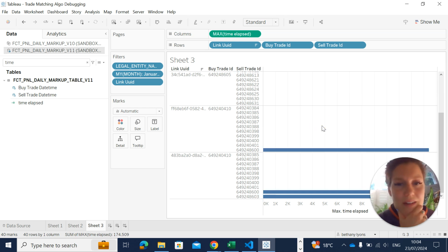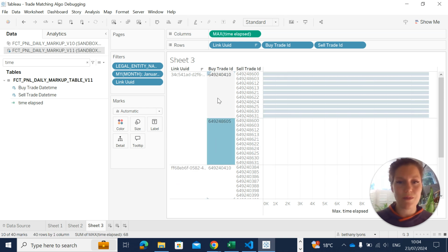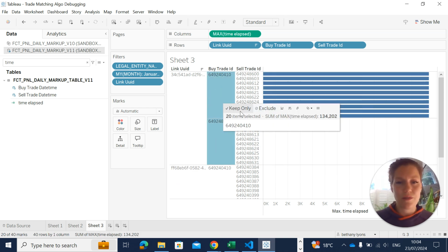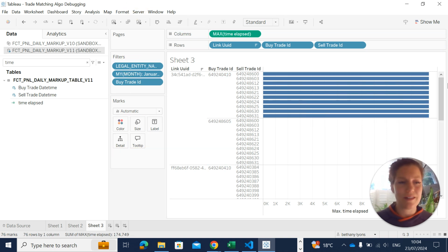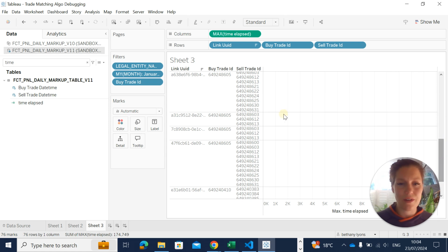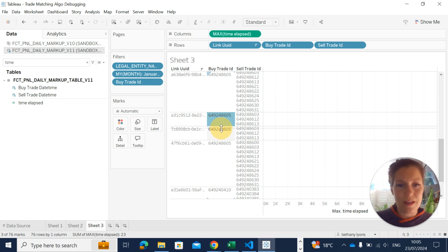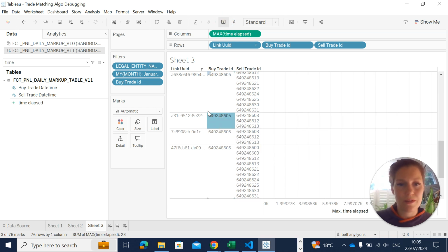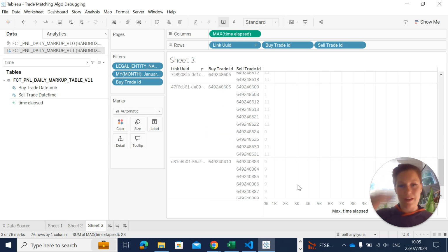So what I did then after this was continue to look into this data. Instead of just looking at these 3 links, I want to see everything related to these trades. And so then I could start to investigate like, okay, this looks like a likely match for this 605. It's just 3 trades and they occurred within, let's turn the labels on, like under 11 seconds.